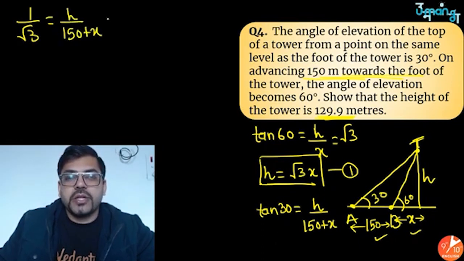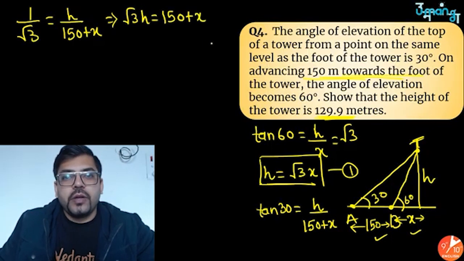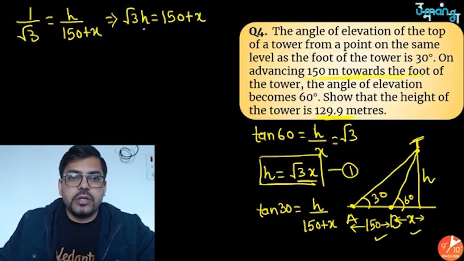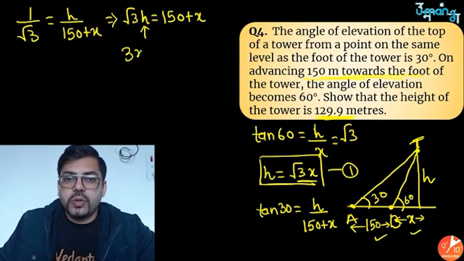Do a cross multiplication. So hence you get root 3h equals to 150 plus x. Very easily you can put the value of h equals to root 3x here. So here you can put root 3x, root 3 into root 3, 3x. So you will have 3x equals to 150 plus x, and hence if you solve it, x is equals to 75.